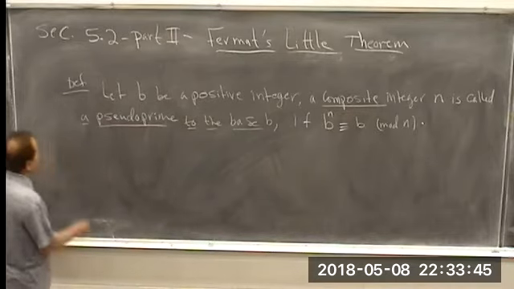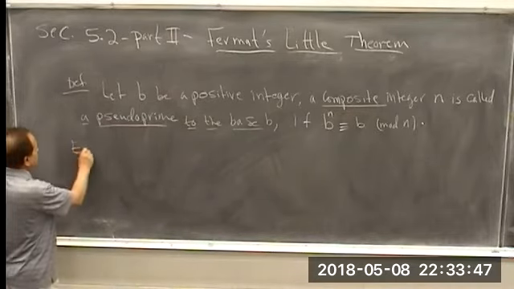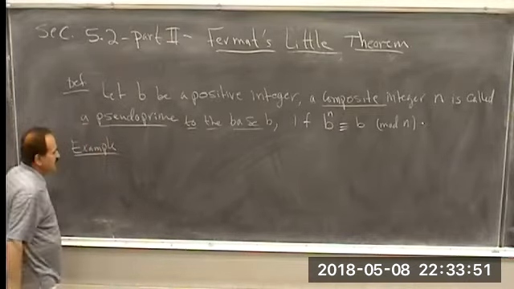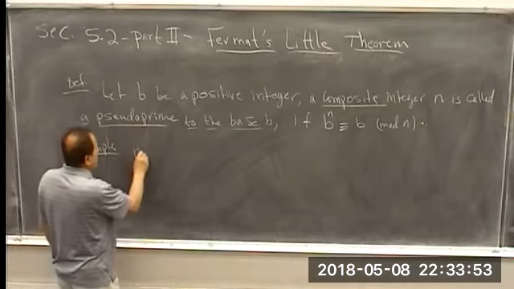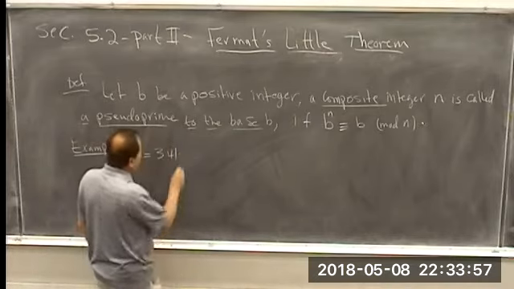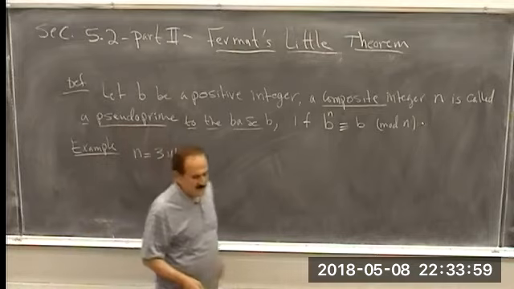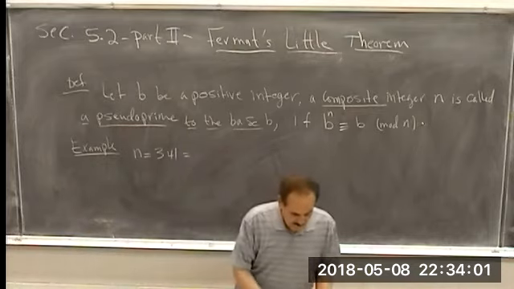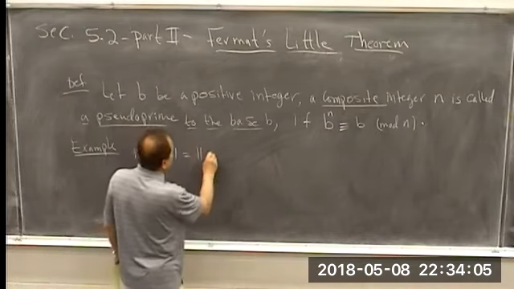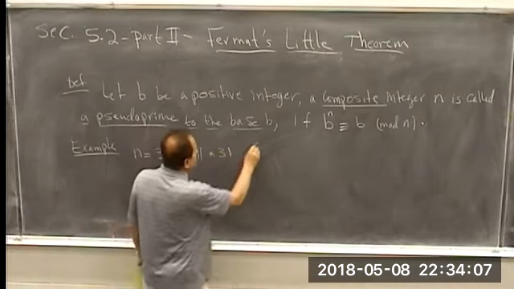So let's look at an example. N equals 341, and this is equal to 11 multiplied by 31, so this is composite.